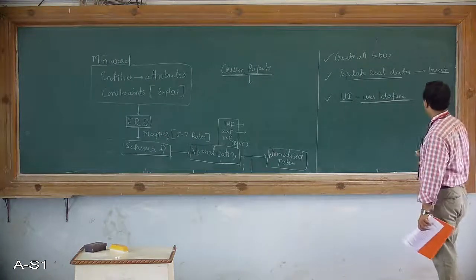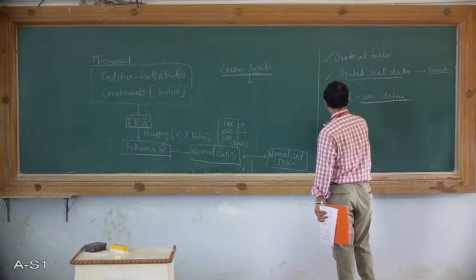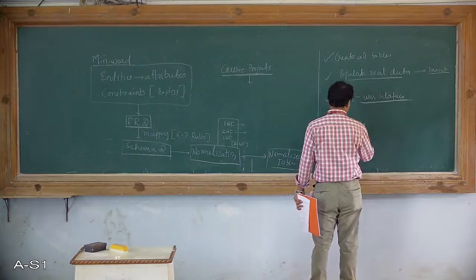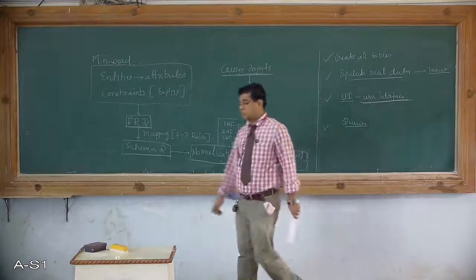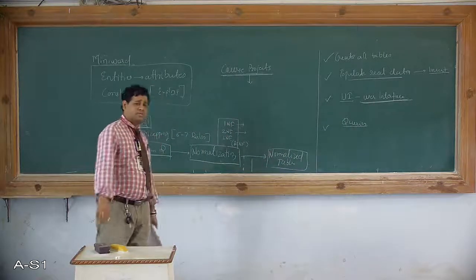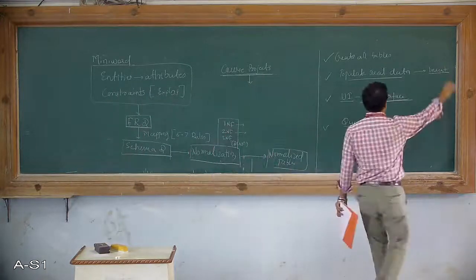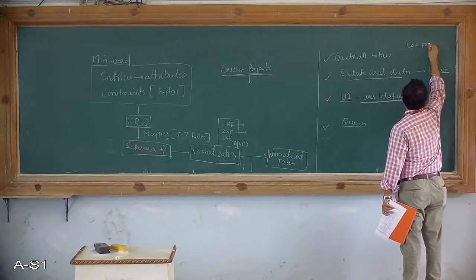Once this is ready, then there are some queries. Some simple queries you can have. You find out the general queries. So this is what is required for the DBMS lab project.